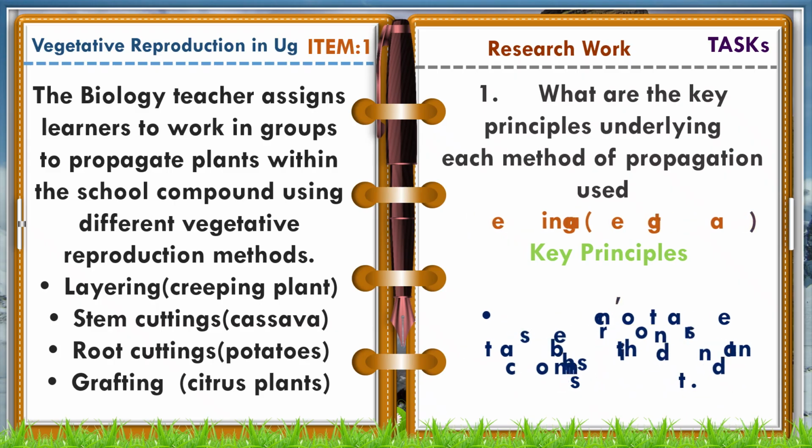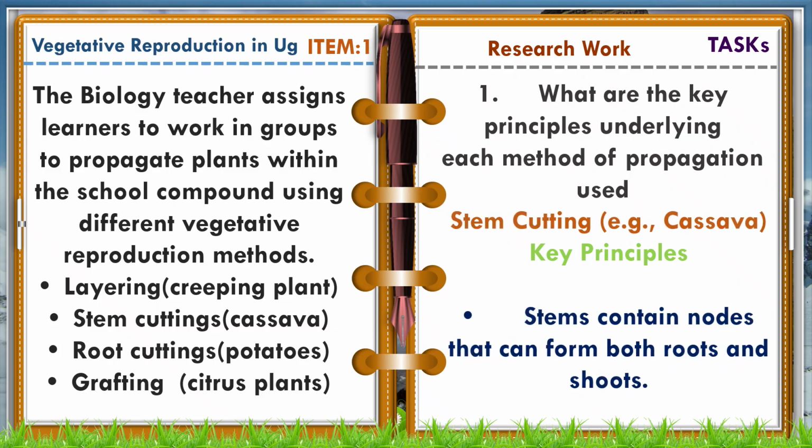Now let us look at another method of propagation, and this one is the stem cutting, and we are going mainly to look at cassava. What are the key principles? Now the stem contains nodes that can form both roots and shoots.